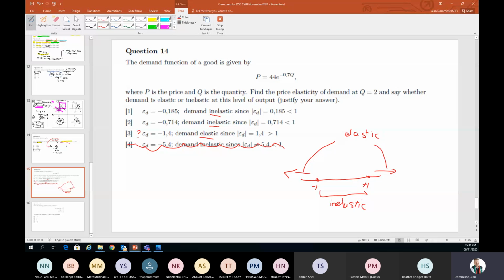Okay, so how would you have done this one? I would have guessed. So what did you guys do for this one? If you would have gotten this in the exam, what would you have done except guess?